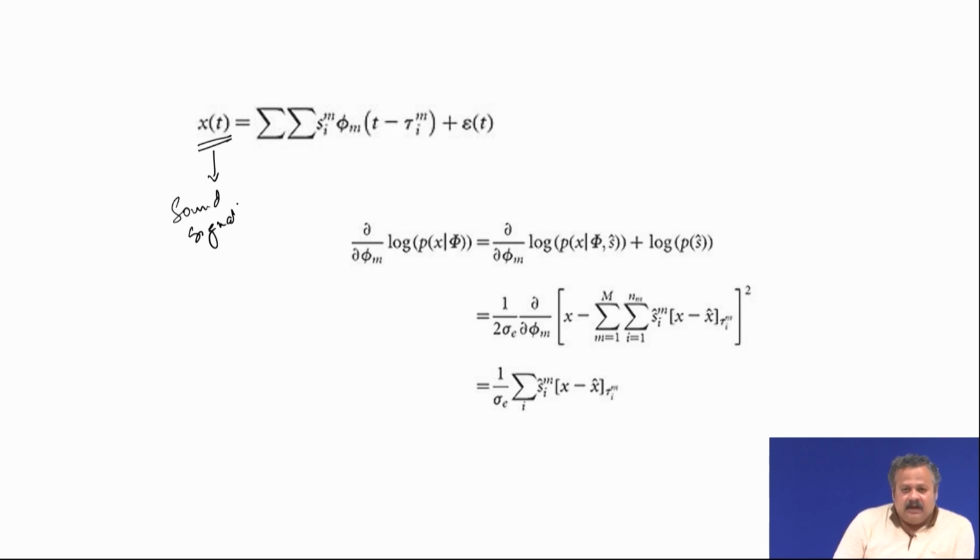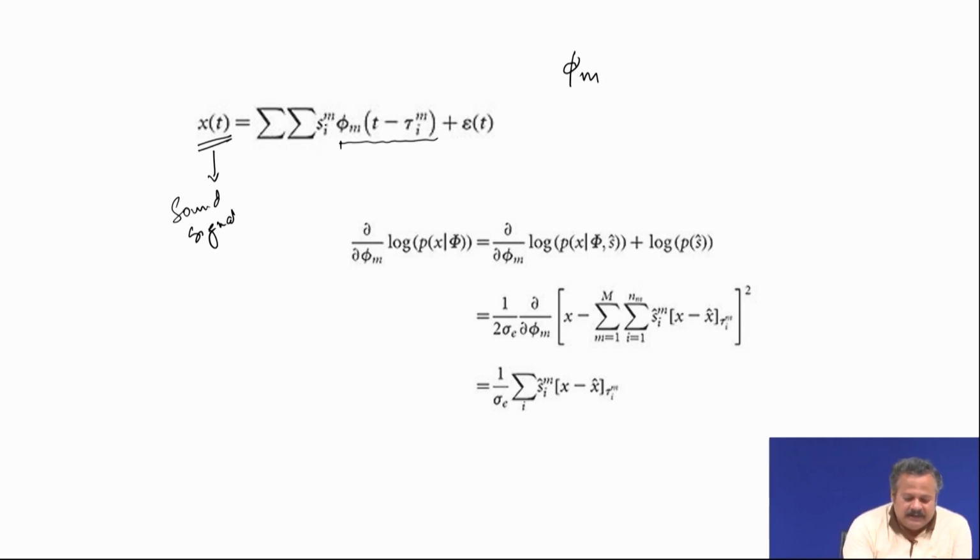In this case, we have a temporal component of the sound, the pressure amplitude, and we have kernels that represent parallel channels of information. These phi m's are representative of each of those channels.